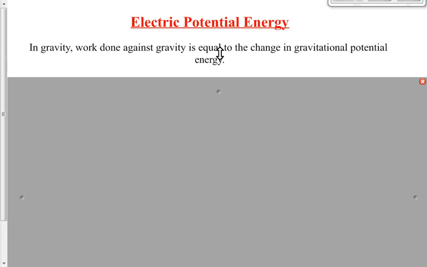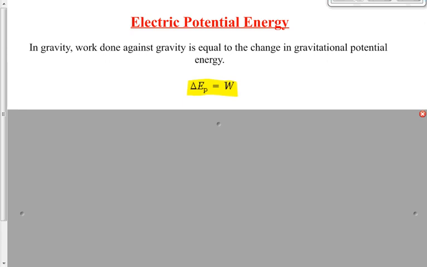Now its potential energy relative to the floor is 9. What's the change in potential energy there? 6. How much work did I do in raising it from the desk to that spot? 6 joules. The work done against gravity is equal to the change in gravitational potential energy. That's not new. Okay, that's a physics 20 concept, absolutely.